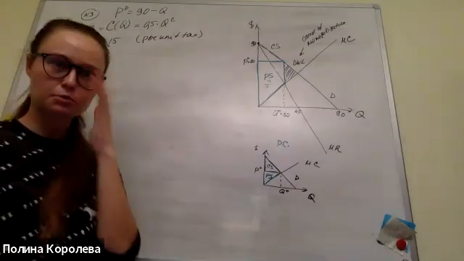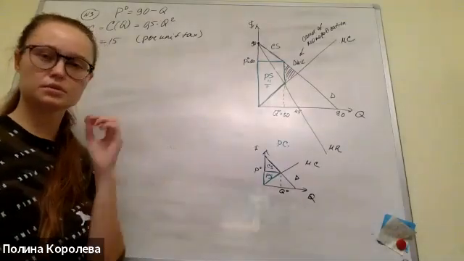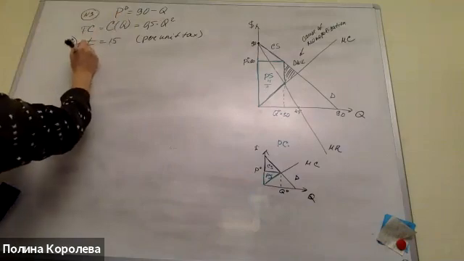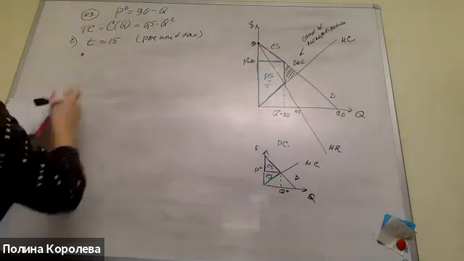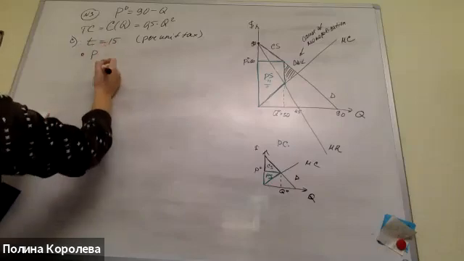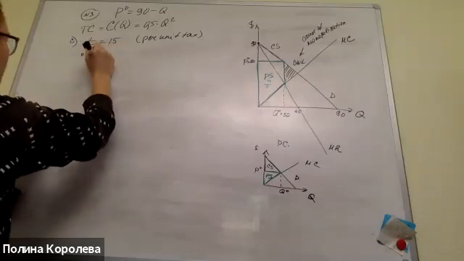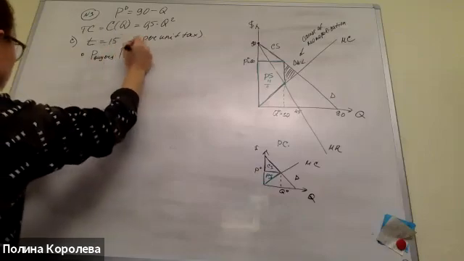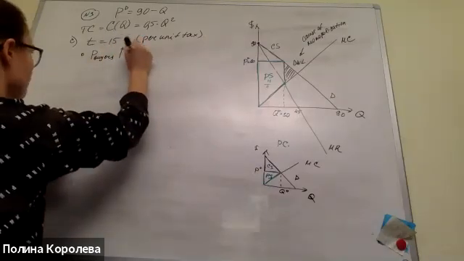So we have two statements, and we need to answer, are these statements true or false? So let's write down these two statements. Statement one: the price that buyers will pay will increase by a fraction of the tax.